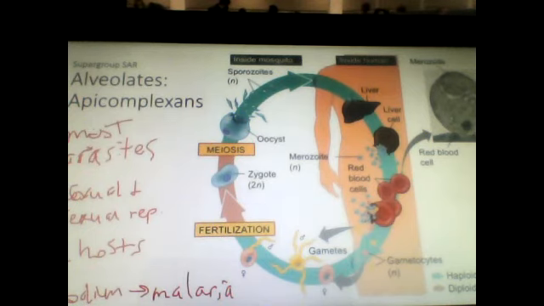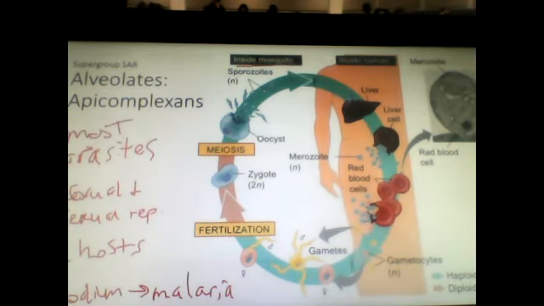Malaria infects 2 organisms. What are the 2 hosts for malaria? Mosquitoes and people. So you have to have both of those for them to complete their life cycle. So we're going to go through this starting inside a mosquito.